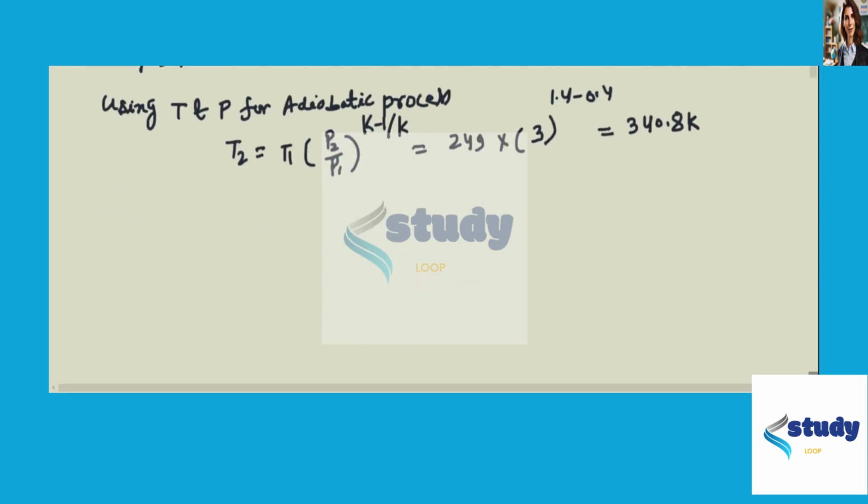Now temperature of fourth state can be obtained. T4 = T3 (P4/P3) whole to the power (K minus 1)/K. Substitute the value.